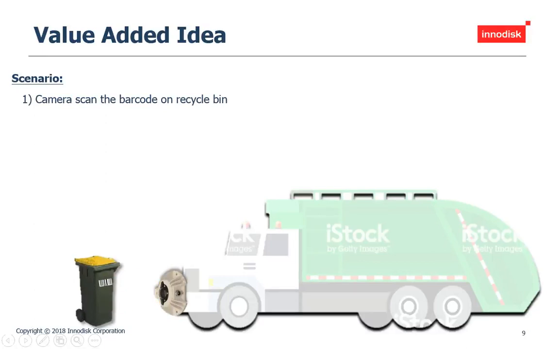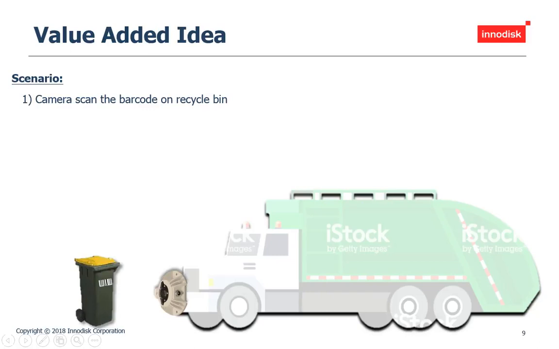So we can have another camera on the side of the truck and put a barcode or QR code on each recycle bin, and make sure that this recycle bin represents the exact person or owner of the house of this garbage bin.